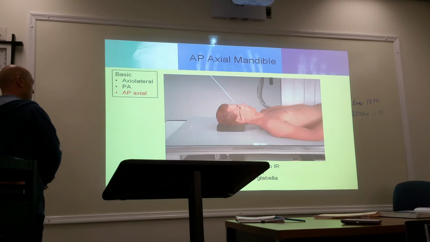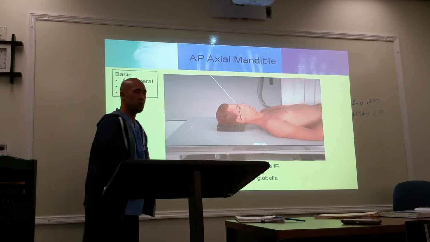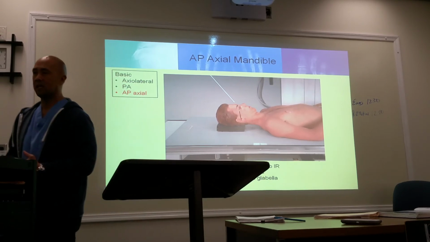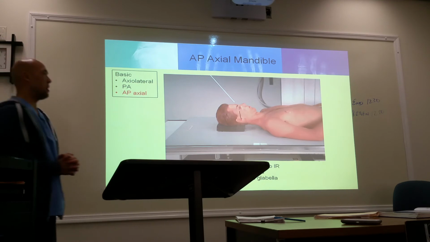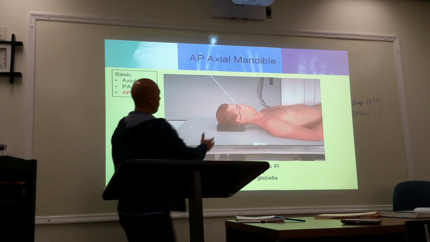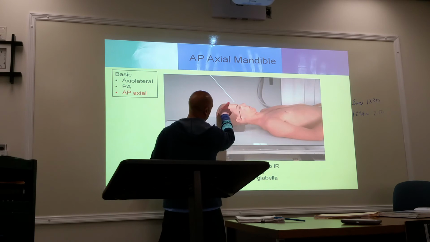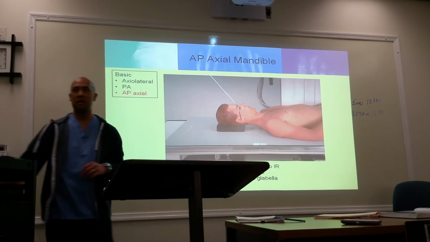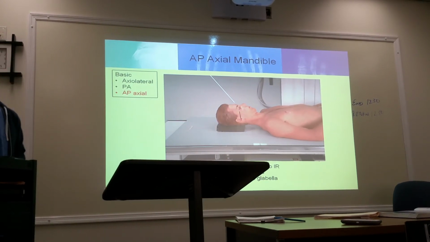So the OML, again, same criteria and positioning though. OML is perpendicular to the image receptor, but with steeper angles of between 35 to 40 degrees caudally, centered at the glabella. Okay, because now we're moving a little bit lower in the anatomy. We're also going to move the entrance of our central ray. So now we're at the glabella.